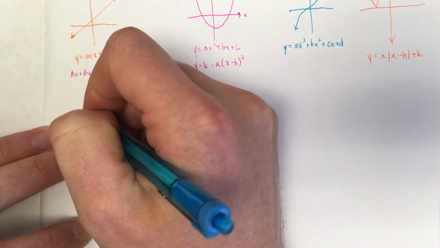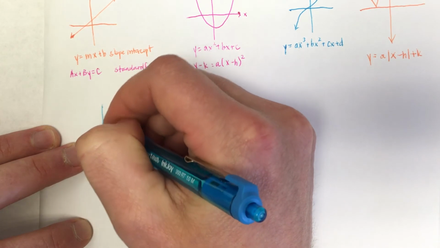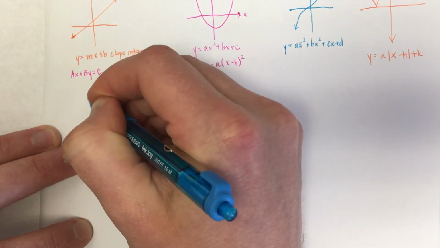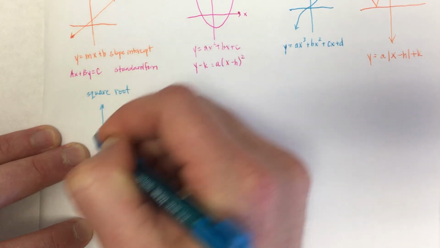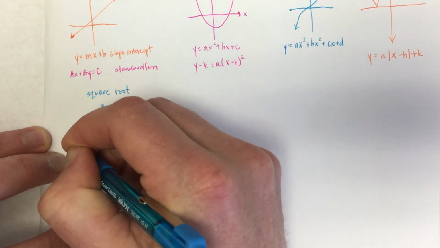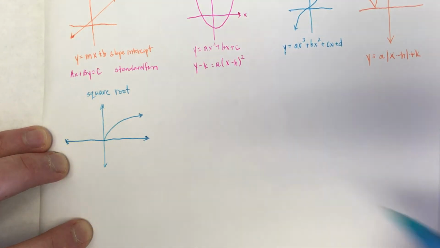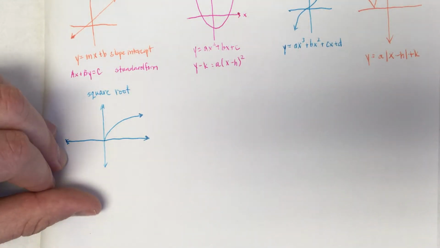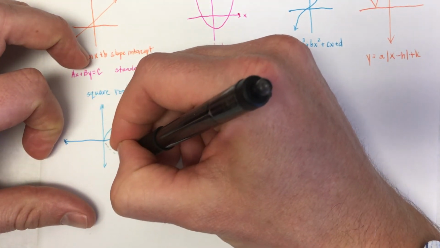You may see the inverses of some of these, so like the square root function. You might be wondering, well, Mr. Heslop, if that's the inverse, why doesn't it have this down part?